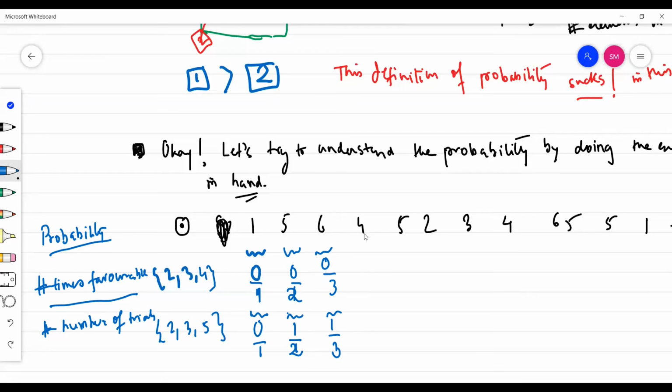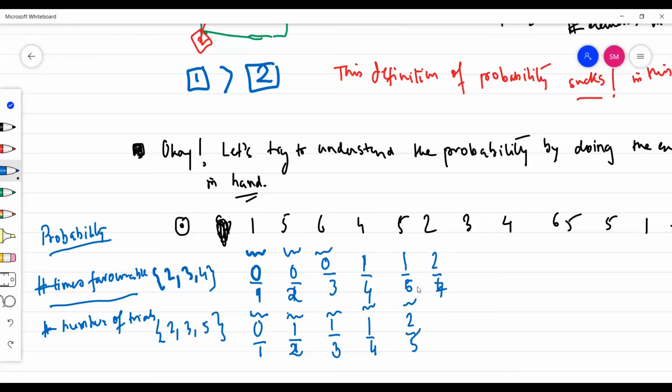Here 4 is coming, so here it's 1 by 4. Here 4 is coming, so it's again 1 by 4. Here 5 is coming, so it's 1 by 5. Here it is 2 by 5. Here it's 2 again, so it's 2 by 6.